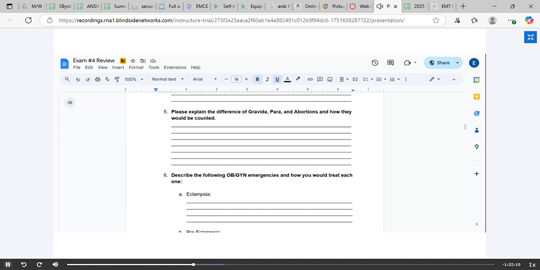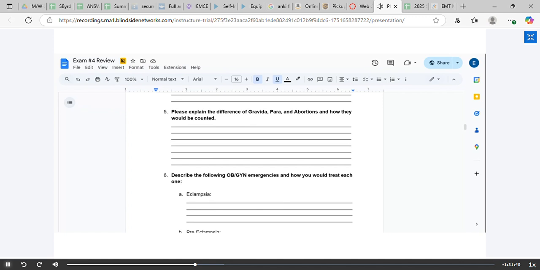Don't forget that gravida is always going to be higher than the rest. For example, I am not pregnant right now, and I only have one kiddo. So my gravida para is gravida 1, para 1, because I've been pregnant once and I have one live child. But if I was pregnant for the second time, then I'd be gravida 2, para 1.